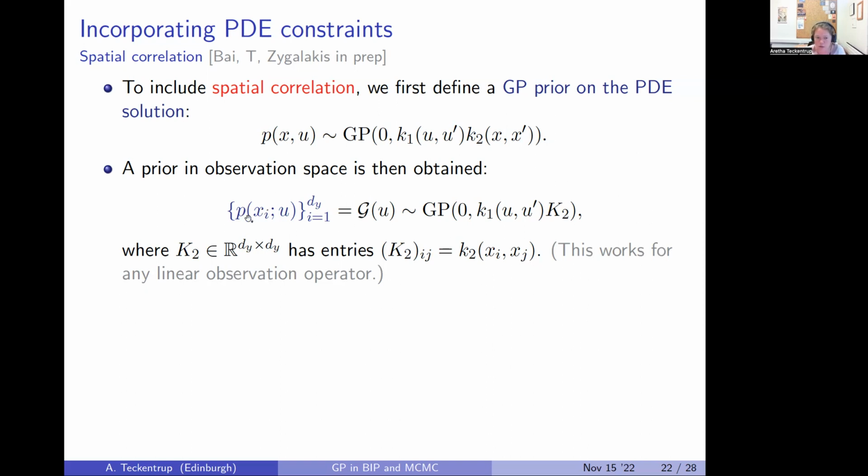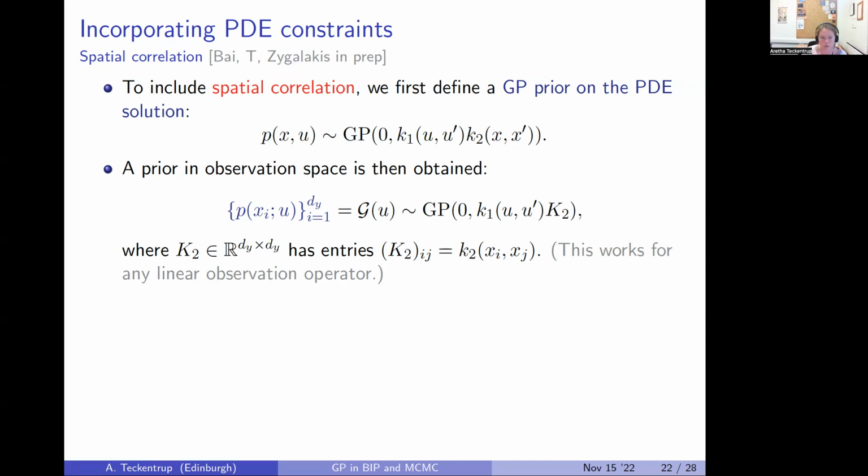In this case, the linear operator is just point evaluations. So we're looking at this GP evaluated at points xi, which gives us mean 0 with the covariance function given like this. We get K1 at U and U prime, and then this matrix K2, which is your covariance kernel K2 in X evaluated at the observation points xi and xj.